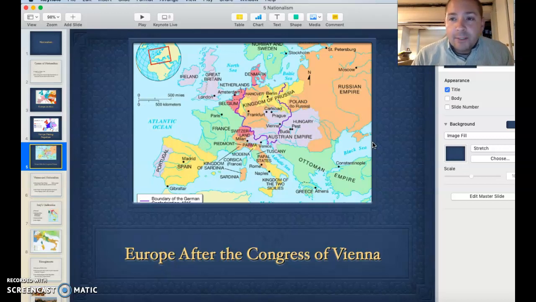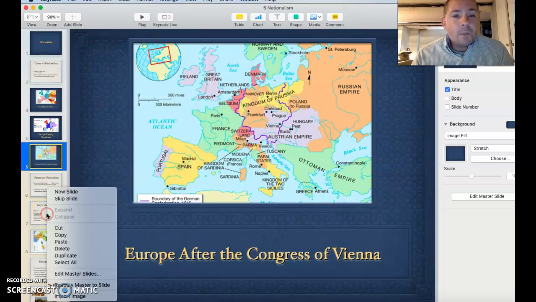And what is decided is basically rewind the clock, right? Reinstate these empires, make them strong and powerful, and make sure that they are bordered by stronger and powerful groups, and everything will be great.